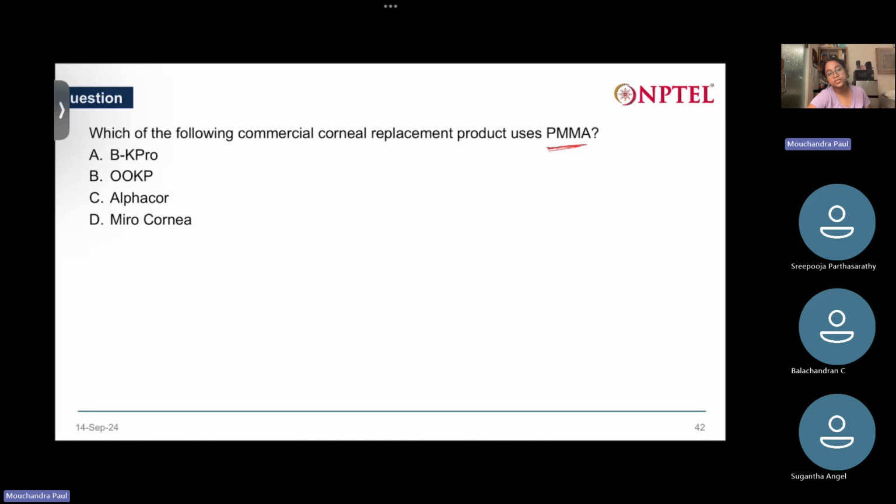A few of these commercial products use this PMMA. Here more than one is correct. Give it a guess, it's fine.